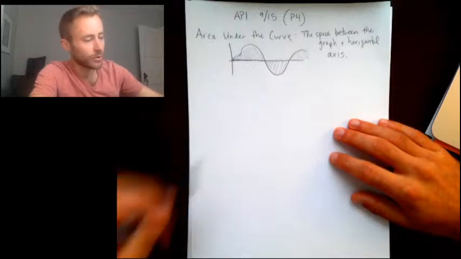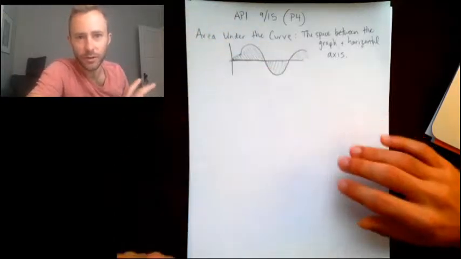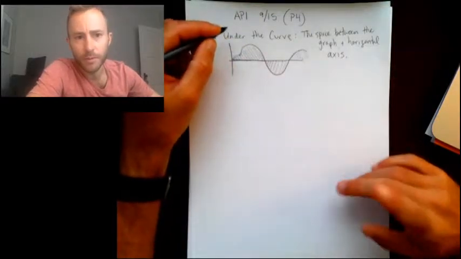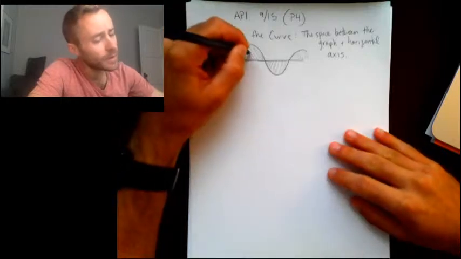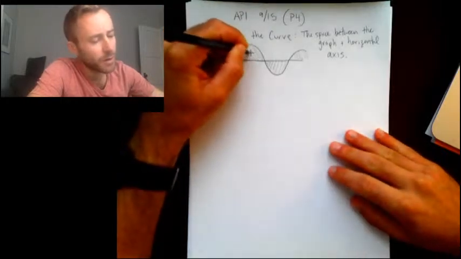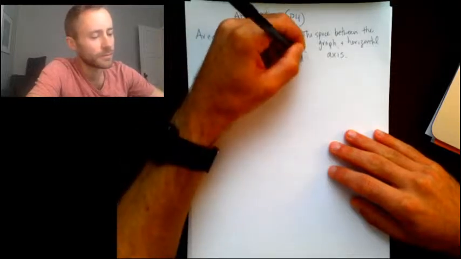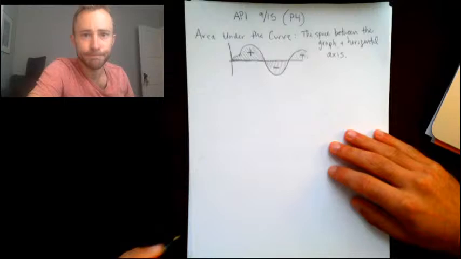So the square footage of these spaces is called the area under the curve. One important factoid, though, is that we count the areas as positive if they're above the horizontal axis, and negative if they're below the horizontal axis.